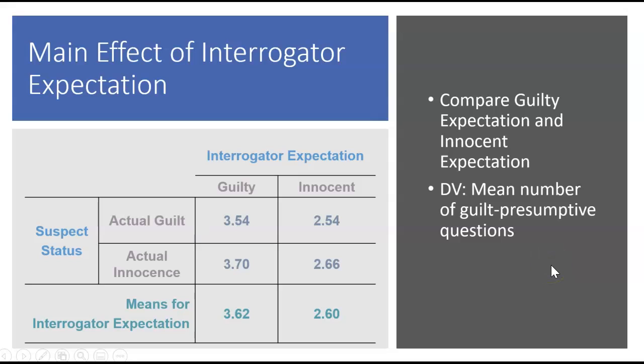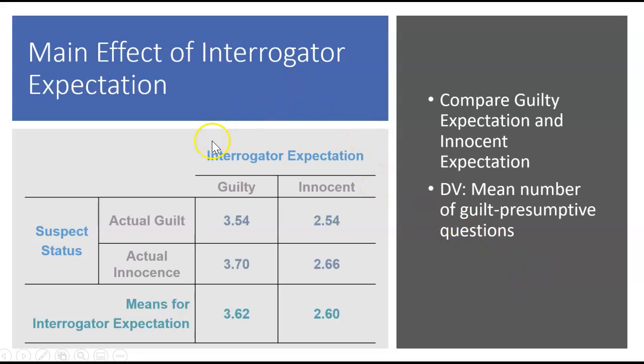Now, I pulled this data just for purposes of example from the actual research article, just picking and choosing a handful of results from a much larger study for demonstration.